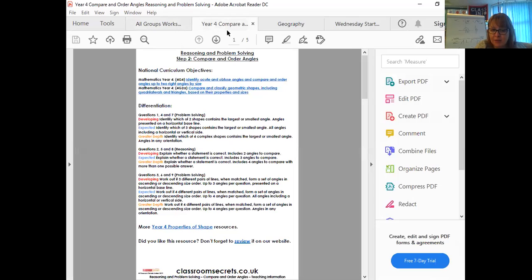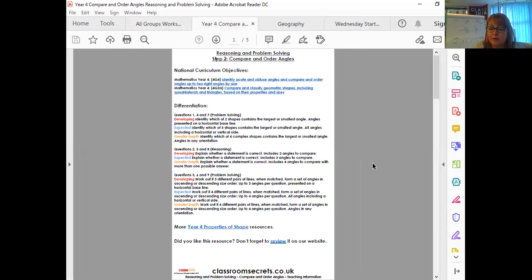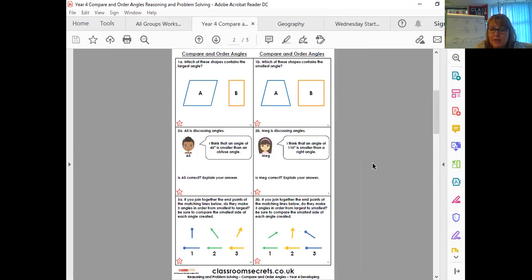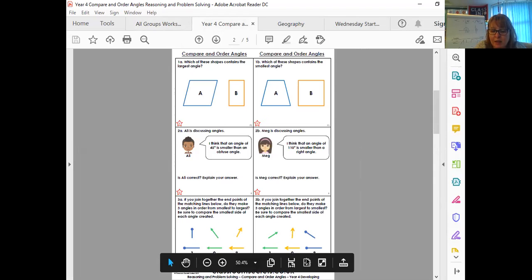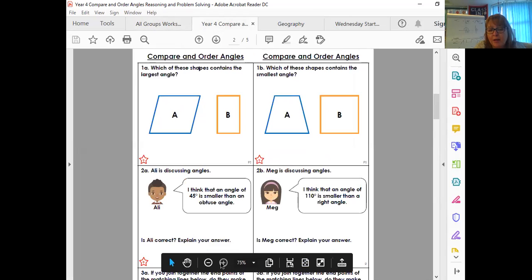If you finish that and you fancy doing a little bit more, because it shouldn't take you too long, there are some reasoning and problem solving questions. Now, I know both classes, you have done these type of questions in class. If it's got a red star in the bottom corner, they are the easier ones.